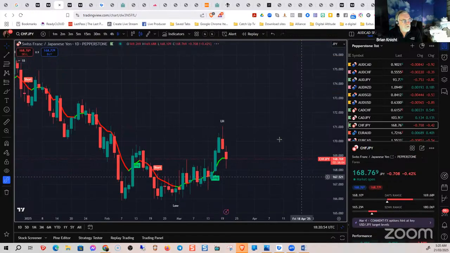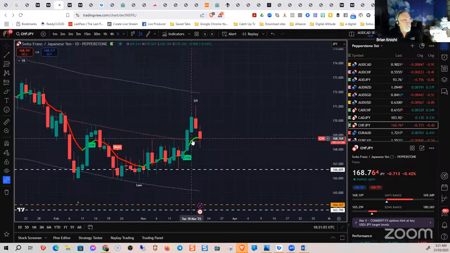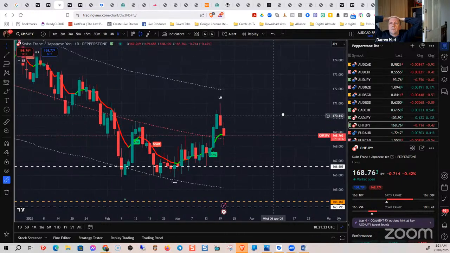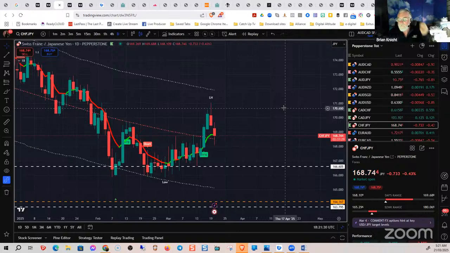This CHF is interesting, because this three-quartered me, and I've got another trade on the outside rail, but it has pulled down. I still have a green trend bar, so it hasn't changed yet for me to say I'm going to get out. My stop loss is at, where is it?